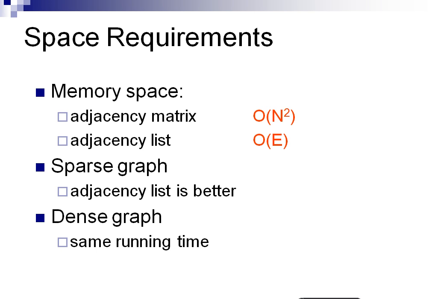In case of adjacency matrix, the space required is O(n square), whereas adjacency list occupies O(E) memory space. In case of sparse graph, adjacency list gives you a better performance. If you are having a dense graph, then same running time will be required.